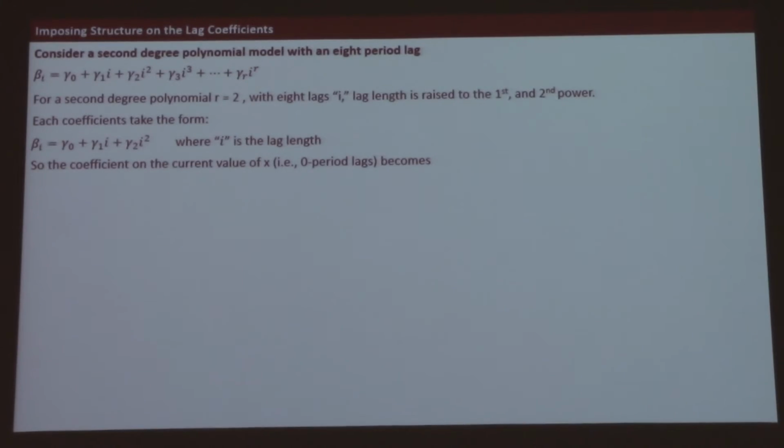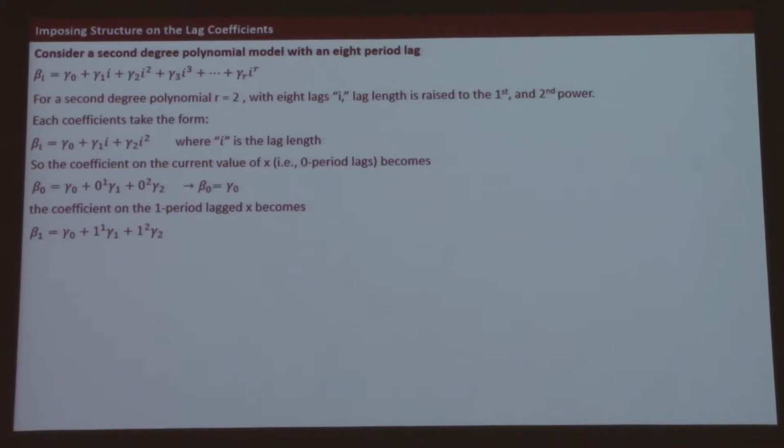All right. So the coefficient on beta for the 0 lag is 0 to the 1, 0 to the 2, so we end up with gamma 0. The coefficient on the 1 period lag becomes 1 to the 1, 1 to the 2. Coefficient on the 2 period lag, 2 to the 1, 2 to the 2.